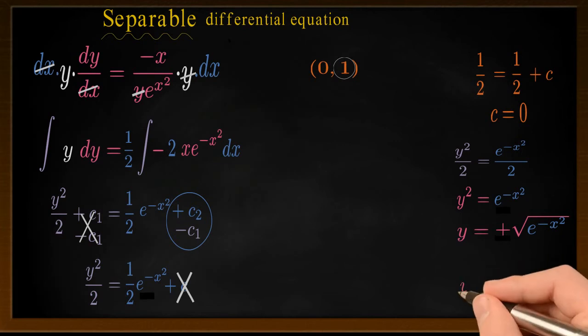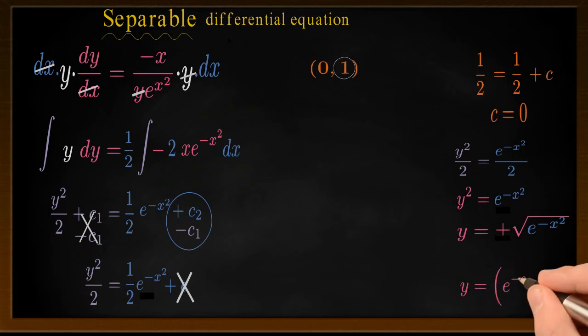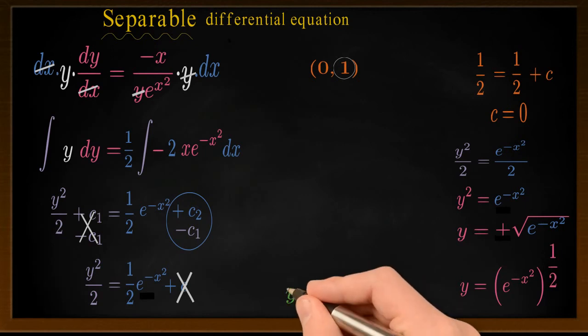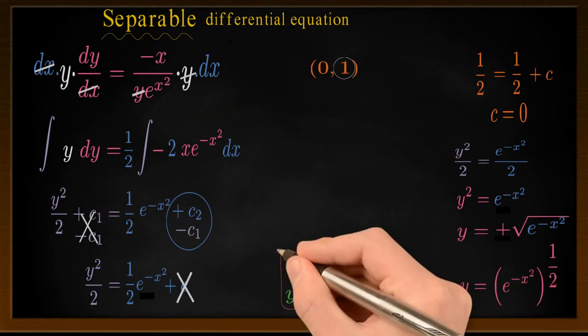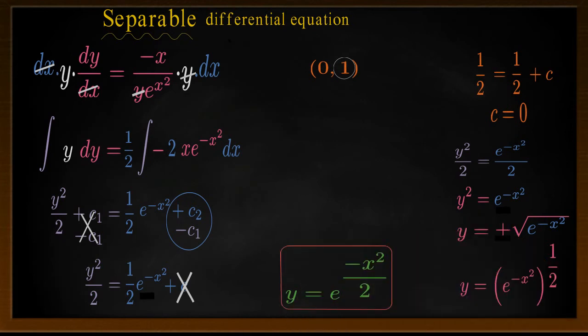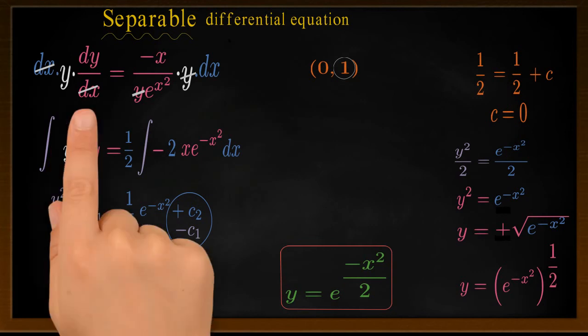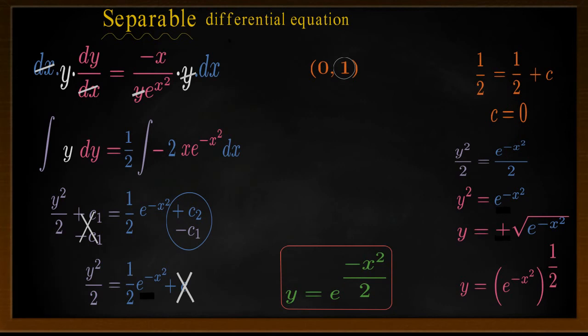It's the principal root right over there. So we could write y is equal to e to the negative x squared to the 1/2 power, and that of course is equal to e to the negative x squared over 2. So this right over here, y equals e to the negative x squared over 2, is a particular solution that satisfies the initial conditions to this original differential equation. And we are done.